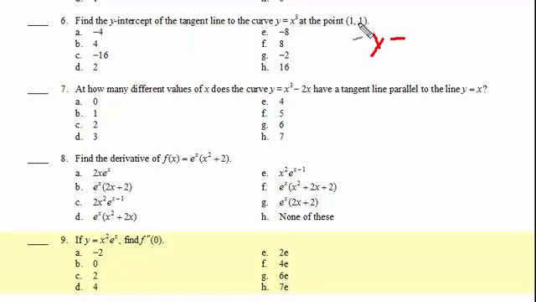Y minus the y coordinate of the point equals y prime of the point 1 times x minus the x coordinate of the point.